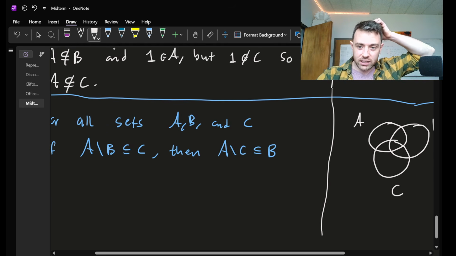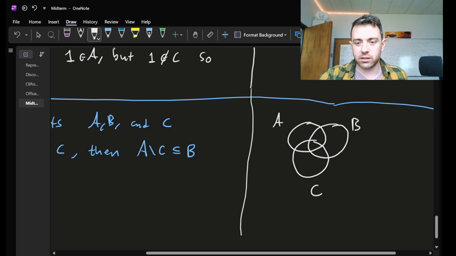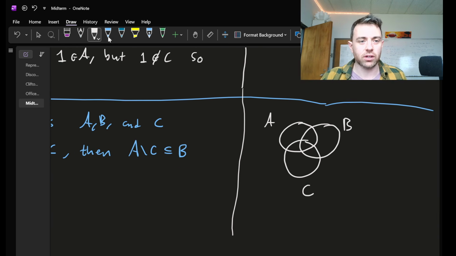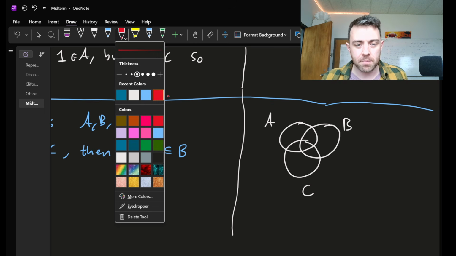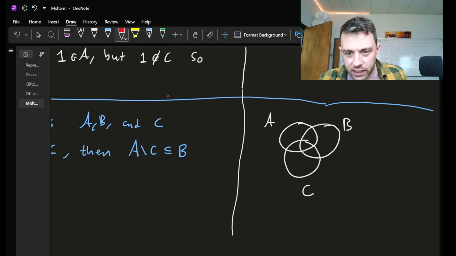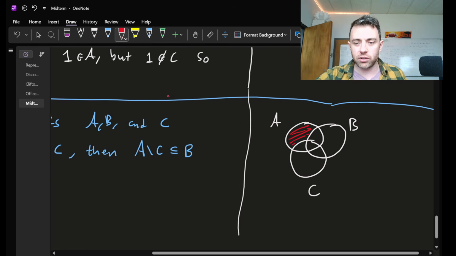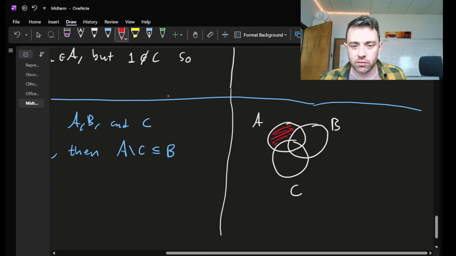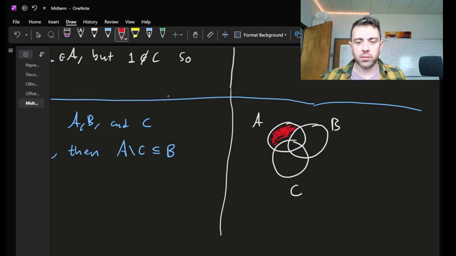So I need A minus B to be entirely contained in C. So if I look at A and I take away all of the stuff that's in B, well, I can't have anything out here again, right? If there was anything in this region I'm shading in red, then A minus B would not be a subset of C, right? So definitely A has to look like this by my hypothesis, right?